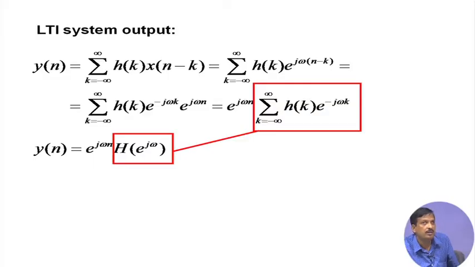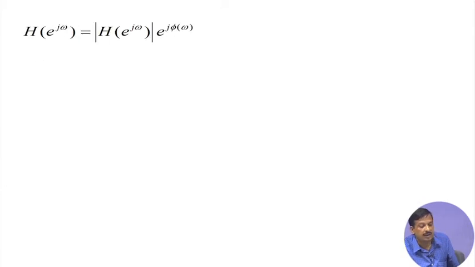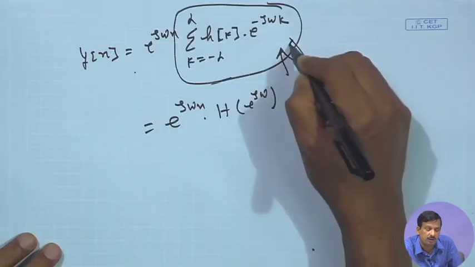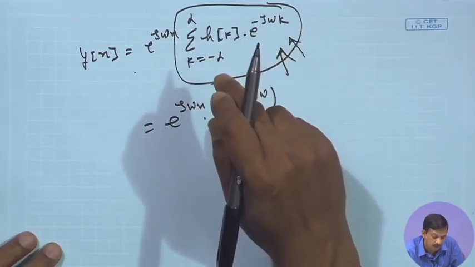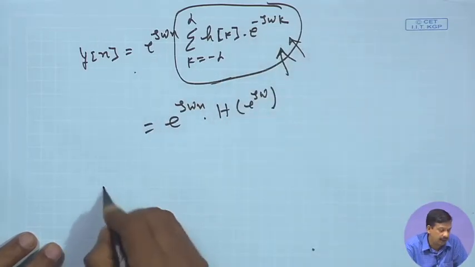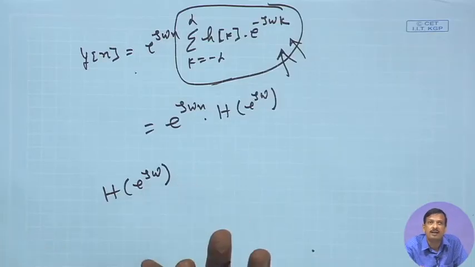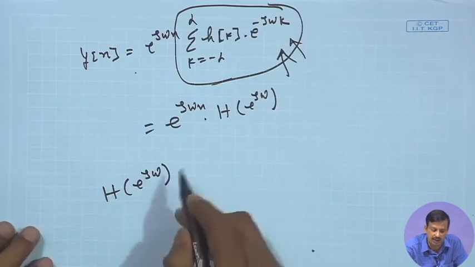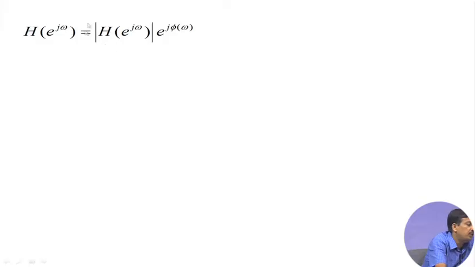Now, if you see this equation, what is there? This is a complex number, so it has a magnitude and a phase. So, H of e to the power j omega is complex. Its magnitude is the mod of H of e to the power j omega, and e to the power j phi of omega is the phase.